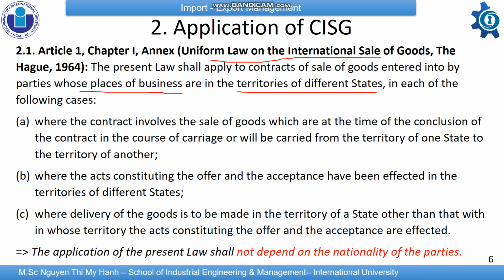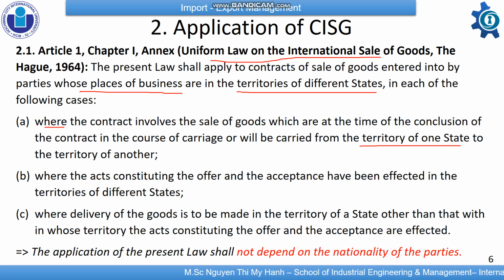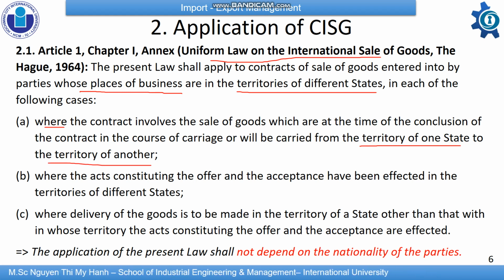The first one, that is where the contract involves the sale of goods which are at the time of the conclusion of the contract in the course of carriage or will be carried from the territory of one state to the territory of another.